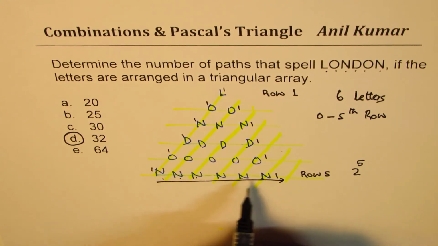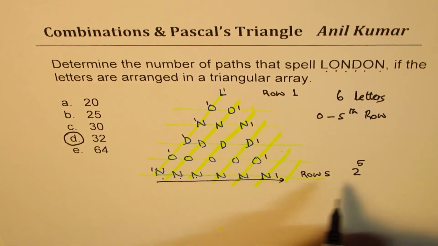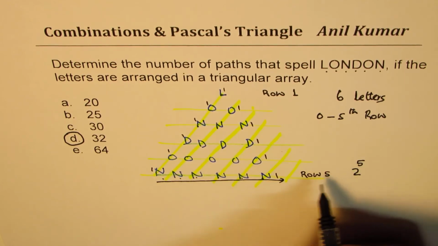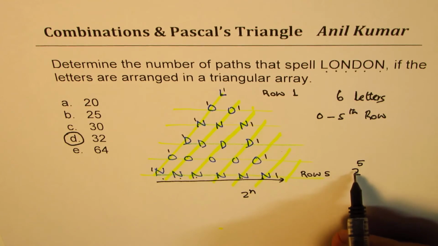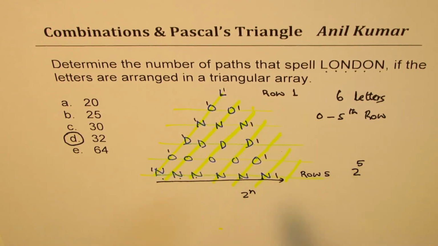Is it okay? And the sum of all the numbers in the 5th row is, in general, 2 to the power of n. For the 5th row it will be 2 to the power of 5, and therefore the answer is 32. So I hope that helps, correct?